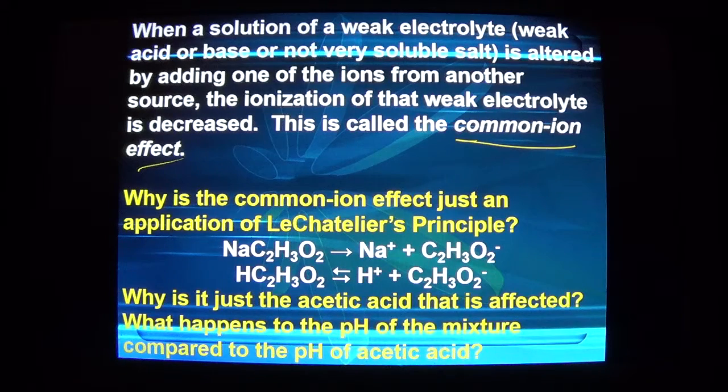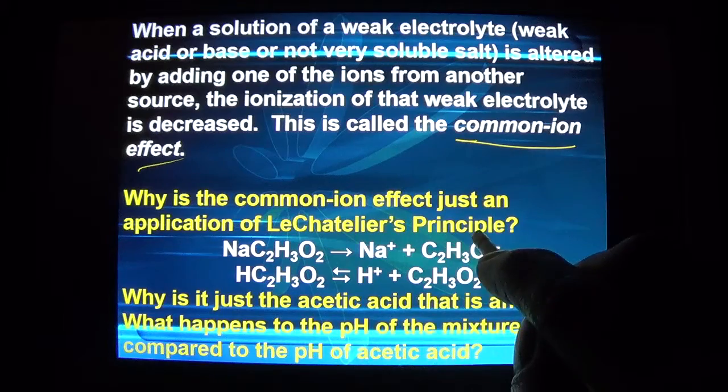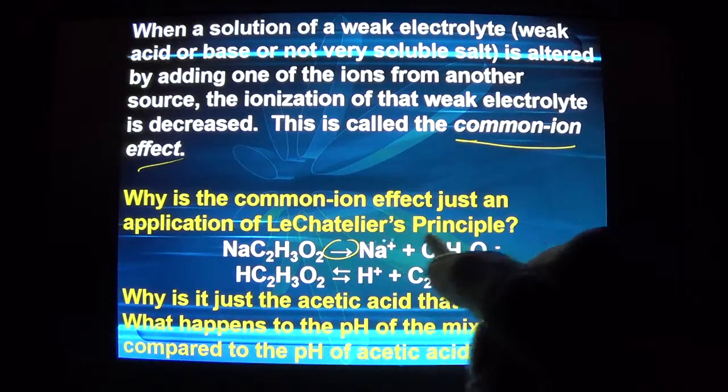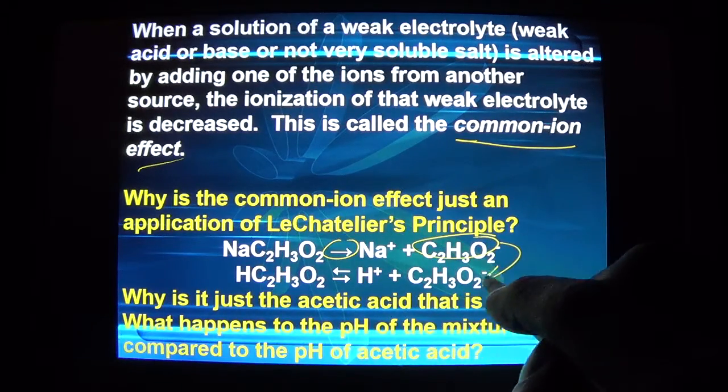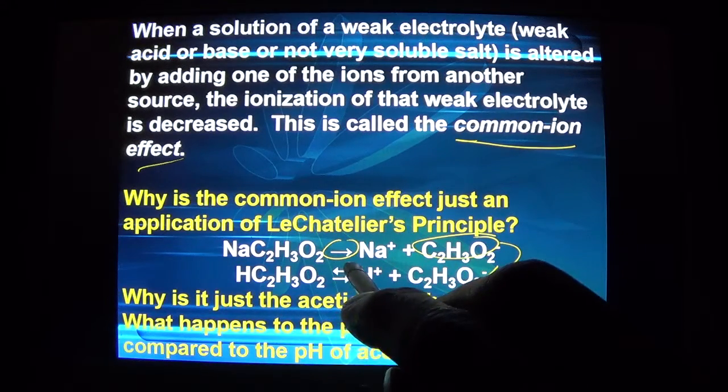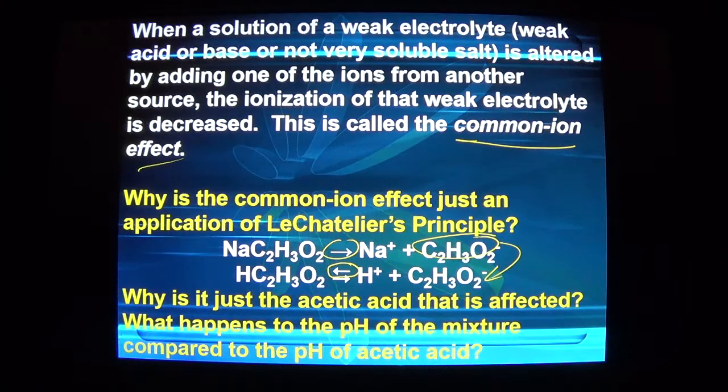That means we're going to be applying Le Chatelier's principle, which means that as this being a one-way arrow forms these ions, that is like adding product, and so it's going to force that leftward shift to make more acetic acid from the acetate ion. Okay.